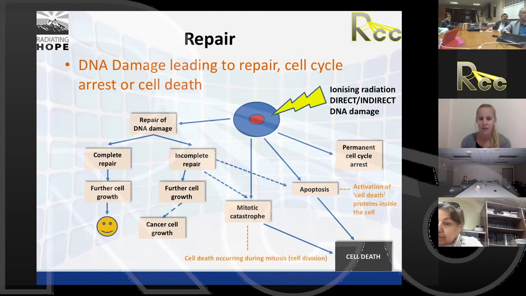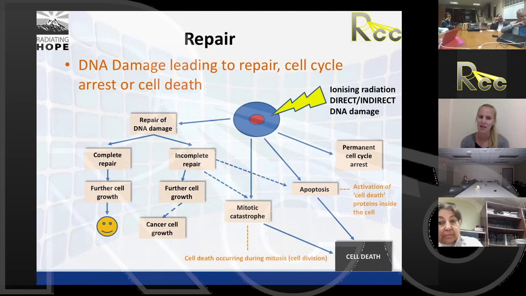The rest of the ways you can have it is you've got minor damage to the DNA. This can then have complete repair, so the cell recovers from that minor DNA damage, it continues to grow and multiply. This can be a good thing if it's healthy tissue. Obviously, if this is cancerous tissue, this is not a good thing because we're trying to kill the cells.